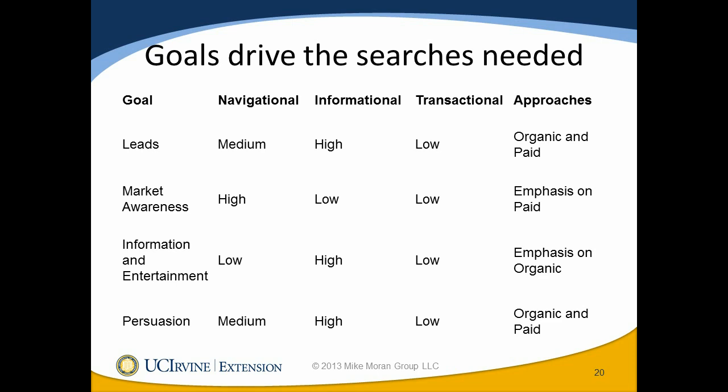So you're not necessarily looking for people who are typing in a particular model number of a product, because it's not something that you sell online. I mean, you may get some people doing that, and you might show that model number, and you might have information about it, but because your major goal is to drive leads and to sell offline, it's unlikely that that's going to be many of your searches.